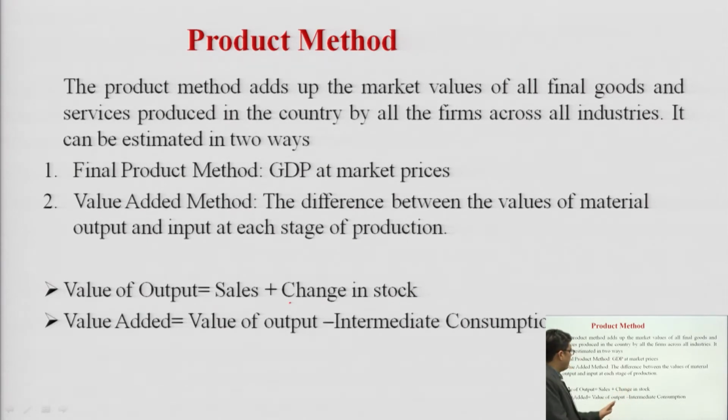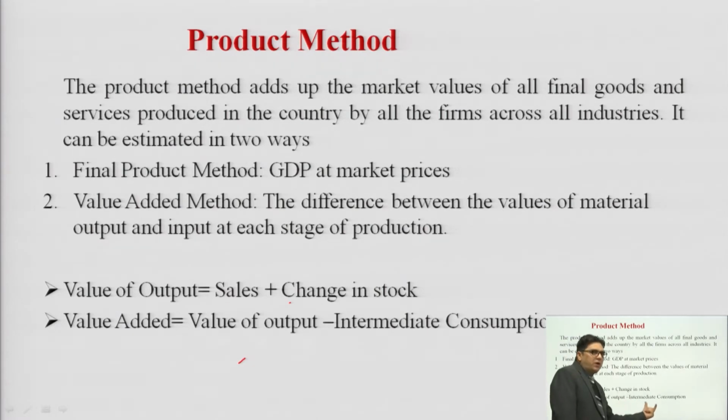In the question, either the change in stock can be given, or it could be given as closing stock minus opening stock. Next is the value added, which is calculated as value of output minus intermediate consumption. The value of output is calculated as above.